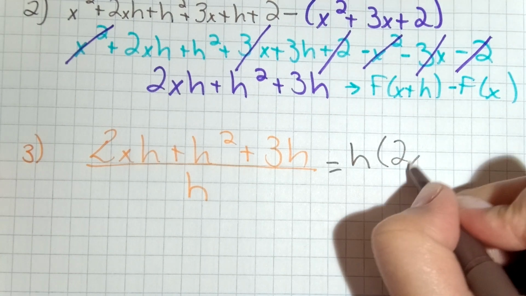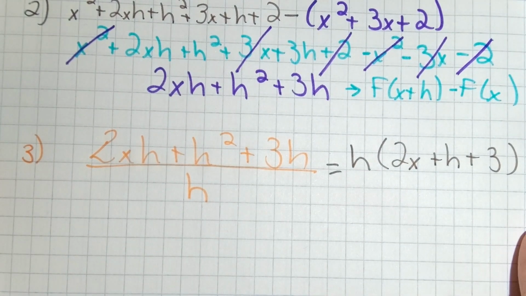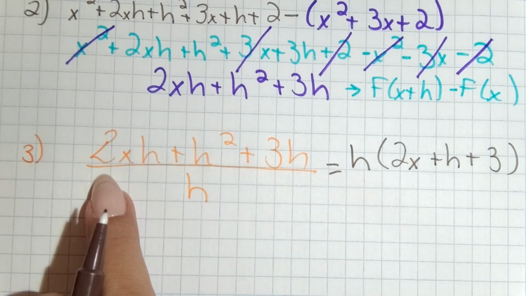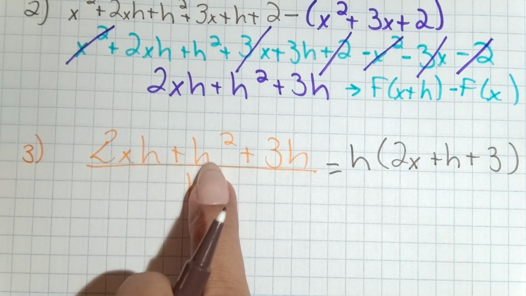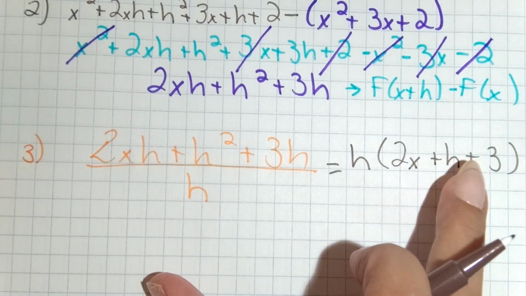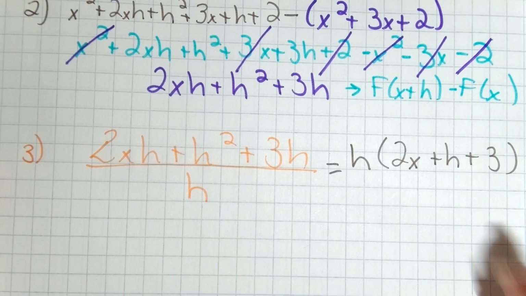So we have 2x plus h plus 3. I took one h out of here. That left me with 2x. I took one h out of here. That left me with just one h. I took one h out of here. That left me with just 3.